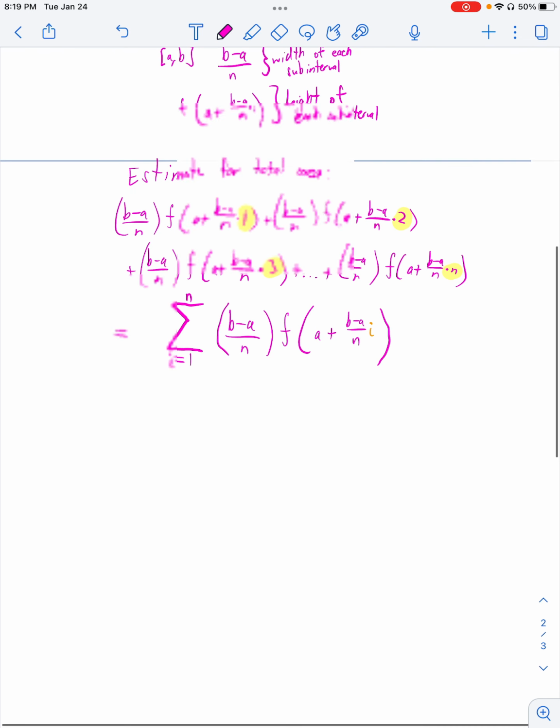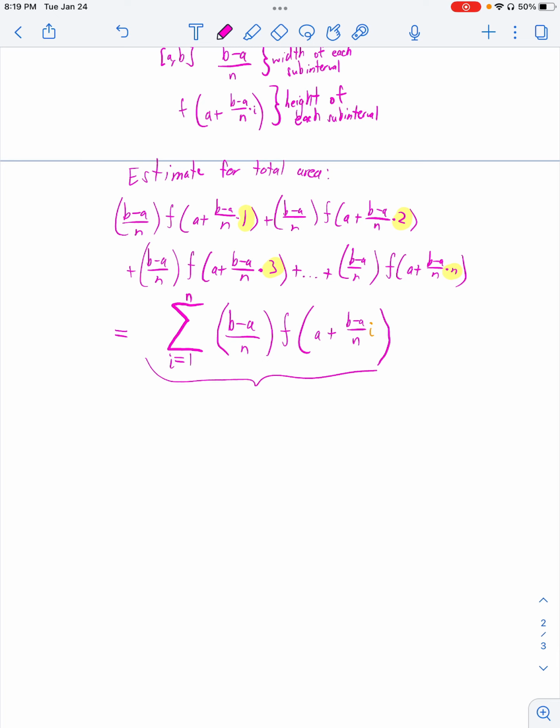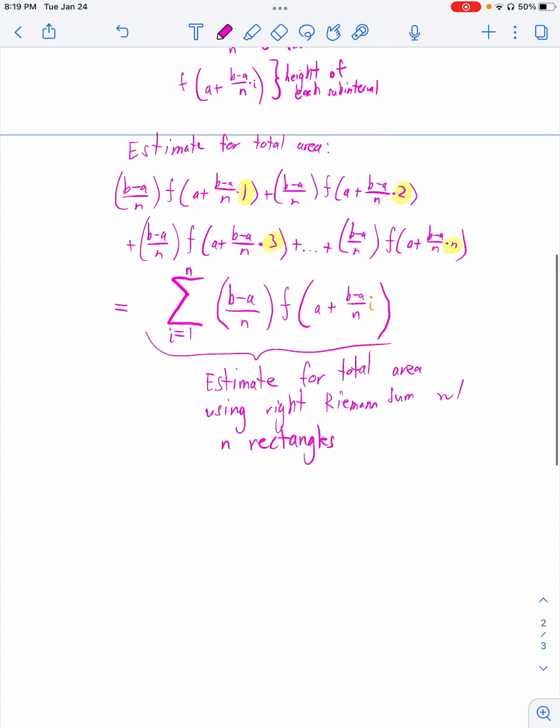Okay, so here, this is our estimate for the total area using a right Riemann sum with n rectangles, or in other words, n subintervals, okay?